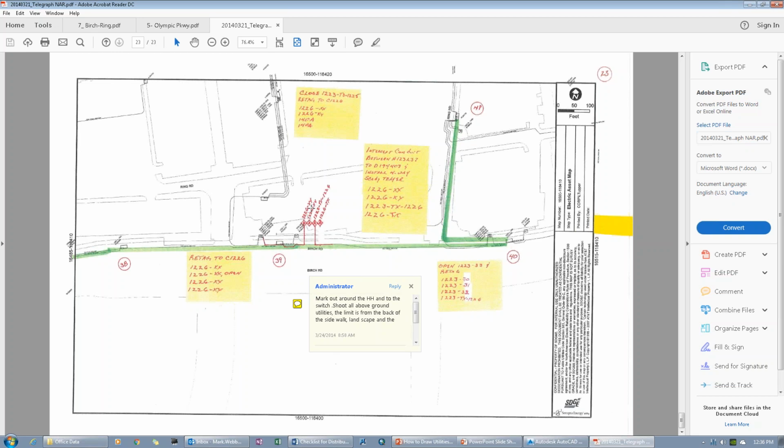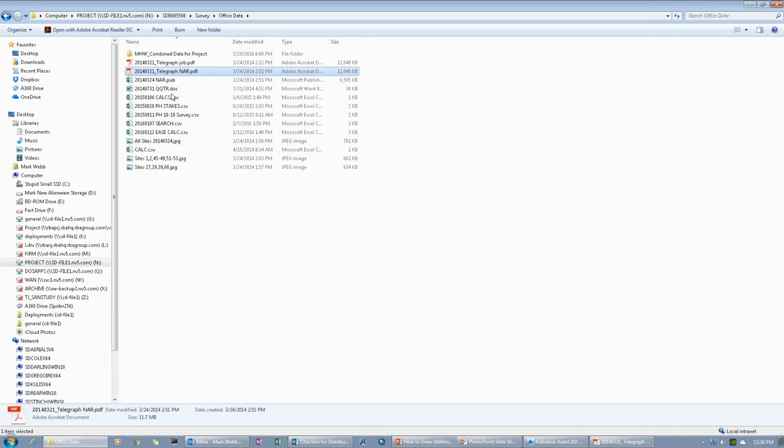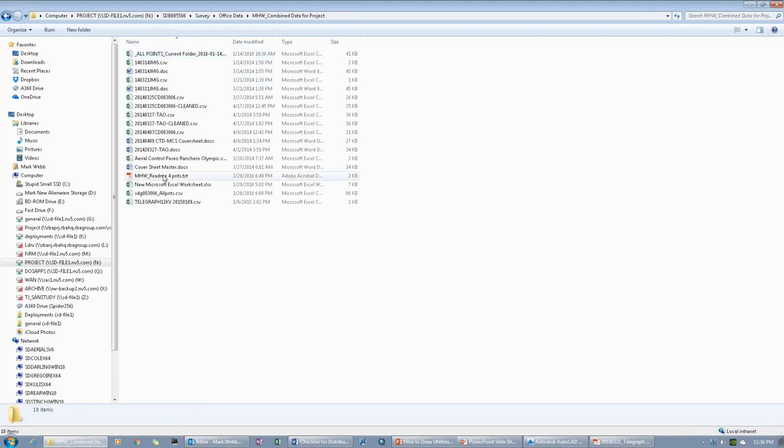So you actually have more information than you think you have just by looking at the survey notes. Okay? So a lot of times it'll be a PDF with a scan of their notes. So you sometimes have to go digging for it a little bit.